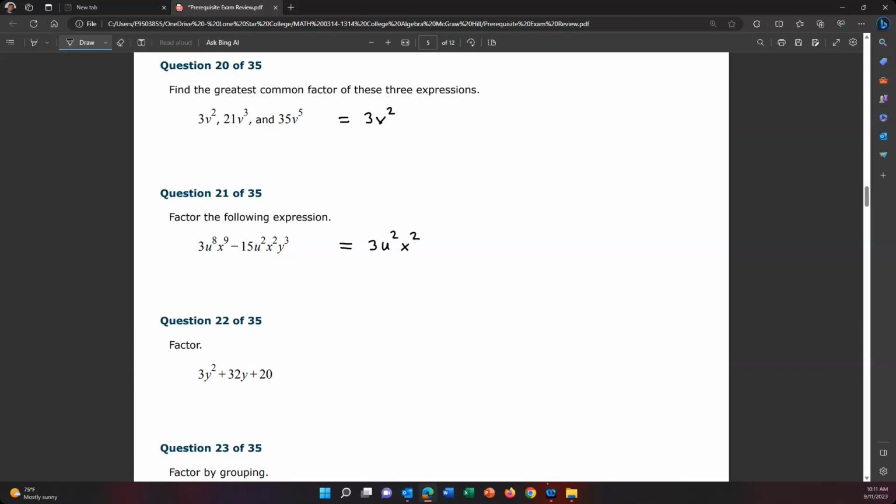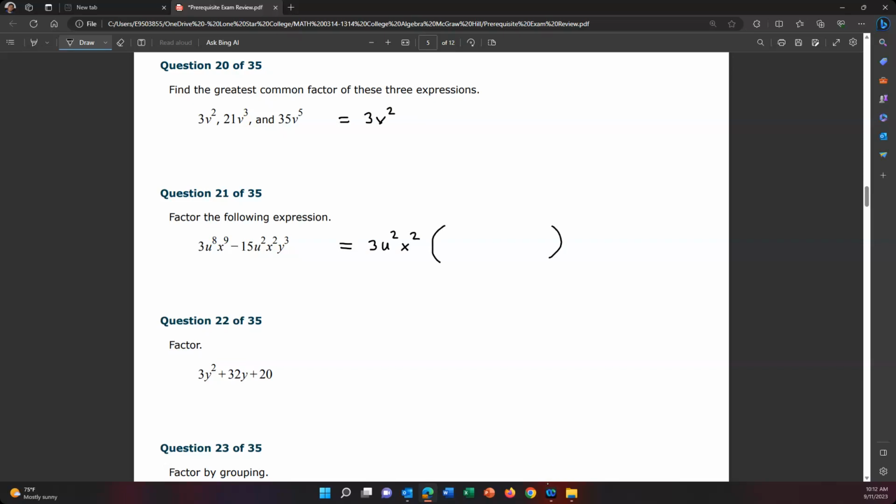So this will be the greatest common factor, but since we are factoring, we need a parenthesis, and we're going to write 2 terms here. We're going to write 2 terms where when we distribute the greatest common factor into these 2 terms, we will get back the original expression, okay?